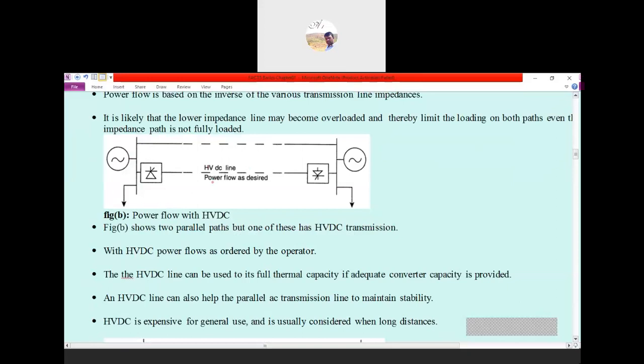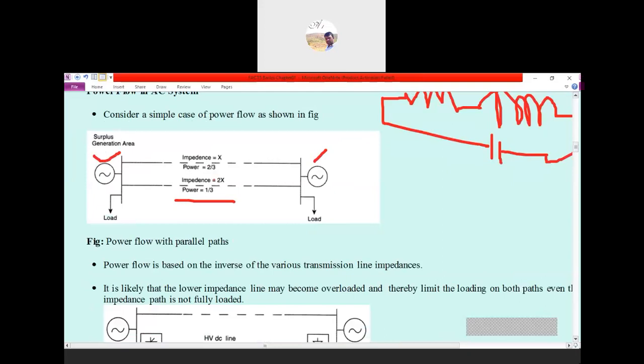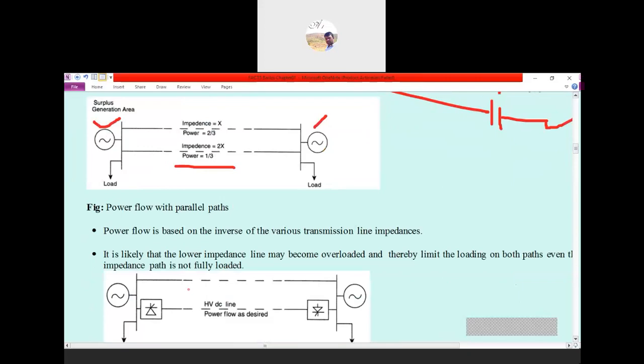Whatever AC is there connects to the converters and is transmitted using different thyristor controllers, and that transfers through the HVDC line. That is DC transmission.